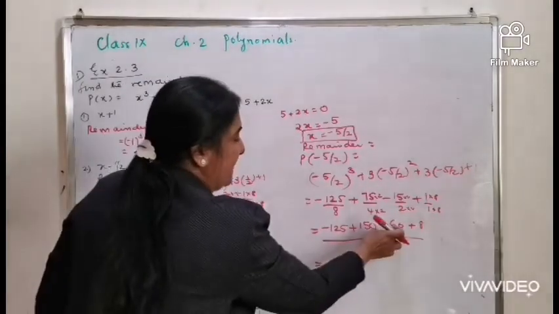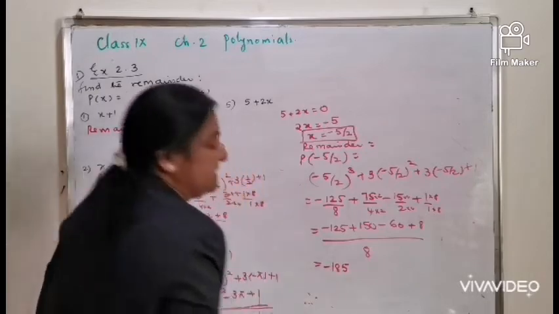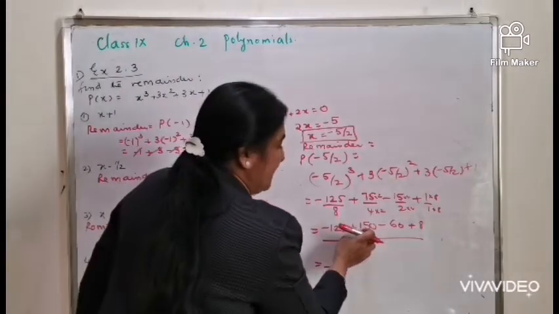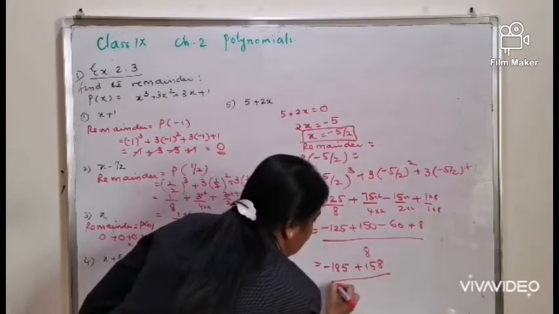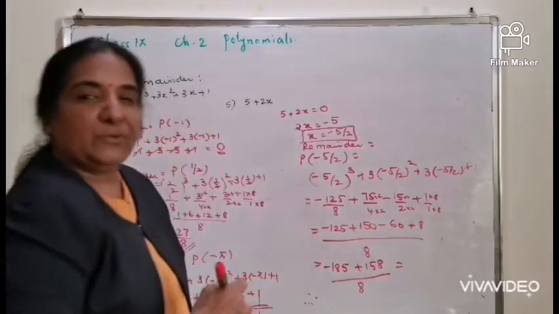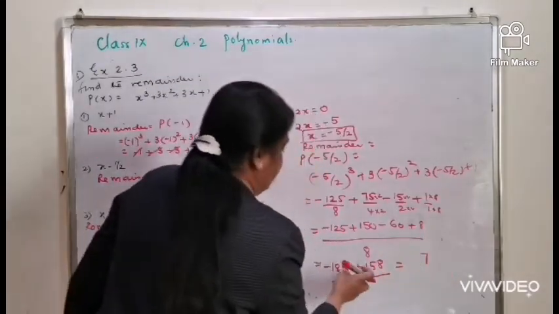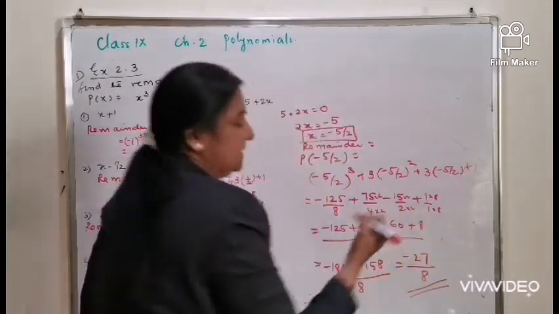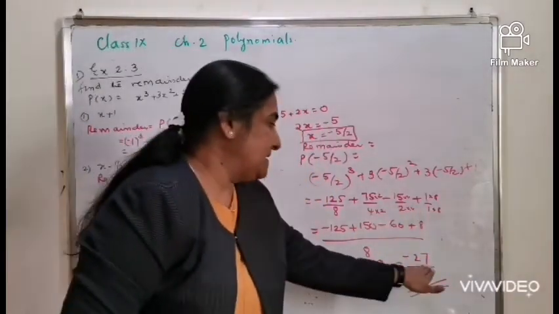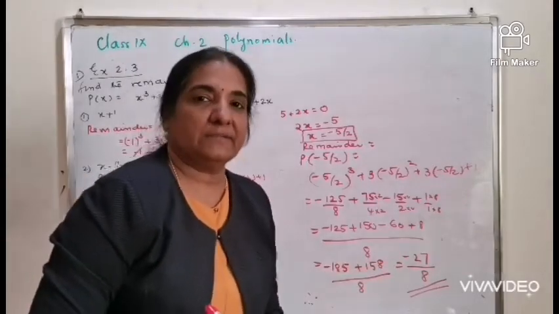Minus 125 minus 60 is minus 185, plus 150 plus 8 is plus 158, by 8. Now you can subtract: minus 27 by 8. It cannot be simplified further. So the remainder is minus 27 by 8.